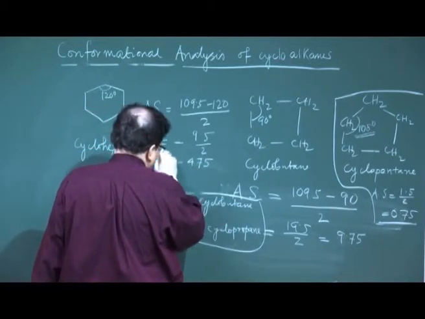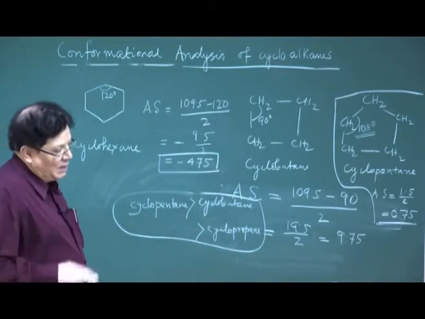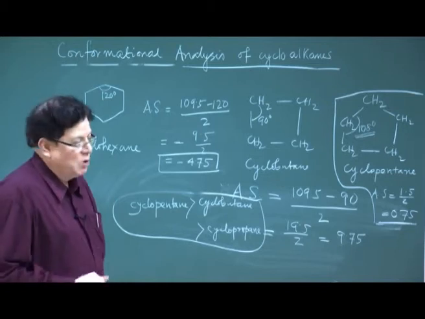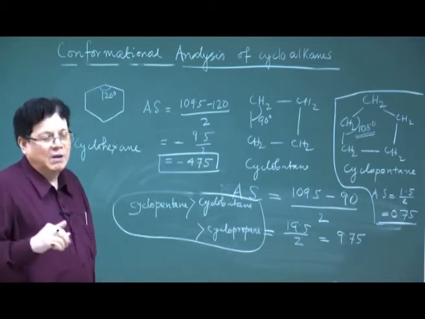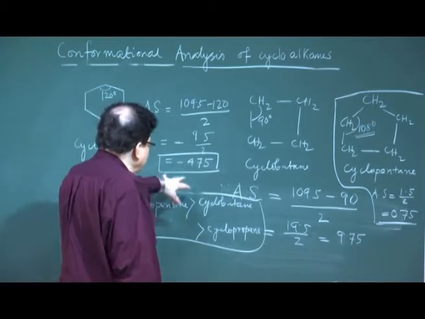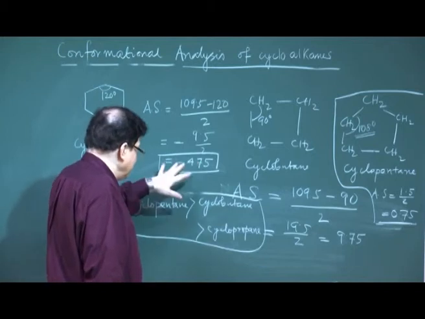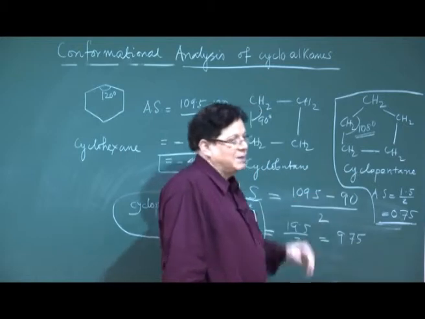4.75. So, the magnitude of angle strain, whether it is positive or negative, is not the important issue. The important issue is how much you have deviated from the normal valency angle. Okay. So, you have deviated 4.75 here. In case of cyclopentane, it is only 0.75.